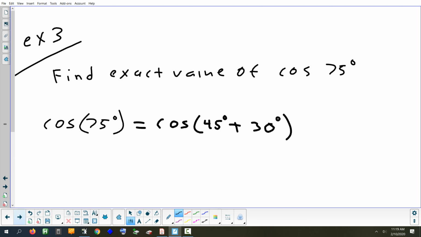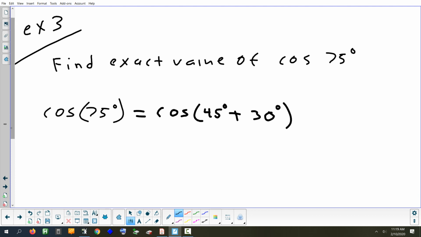Right, so Kayla, what's the first thing that I'm going to put for my cosine sum? Cosine 45. Cosine 30.